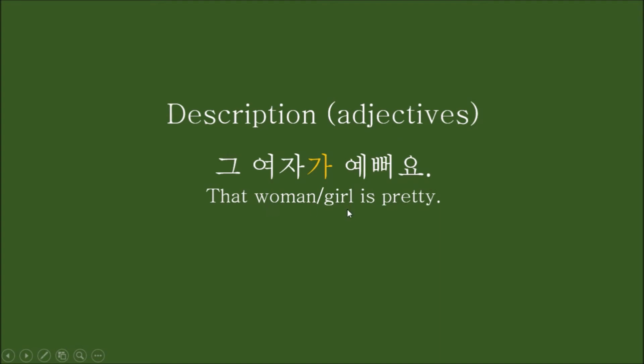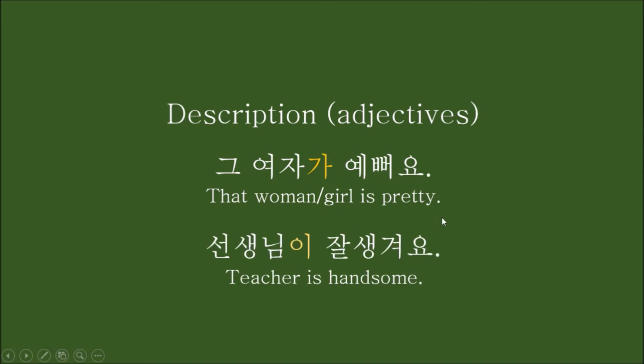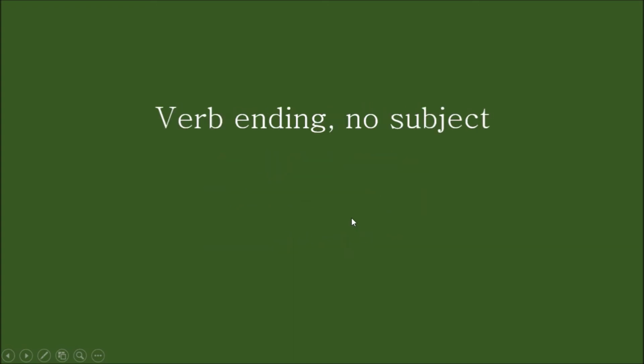And when you're describing something, always use 가. The next example is 선생님이 잘생겨요. Teacher is handsome. Because there is no verb, only a description regarding the noun, always follow with 이 or 가.